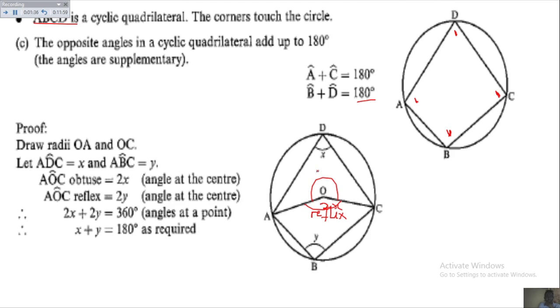Then this one will be 2Y. You know, the angle at the center: this one is facing this, therefore you can see 2 of this in this angle. If this is X, this will be 2X. If this is Y, this will be 2Y. The angle at a point is what? 360. By the time you add everything together, that will give you 360. Meaning the sum of the opposite angles will give you 180.